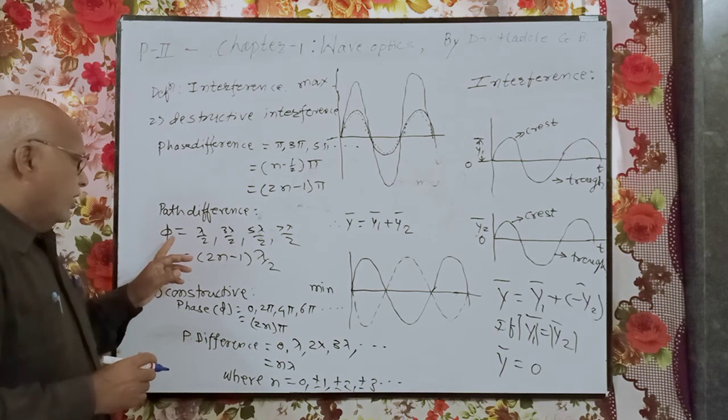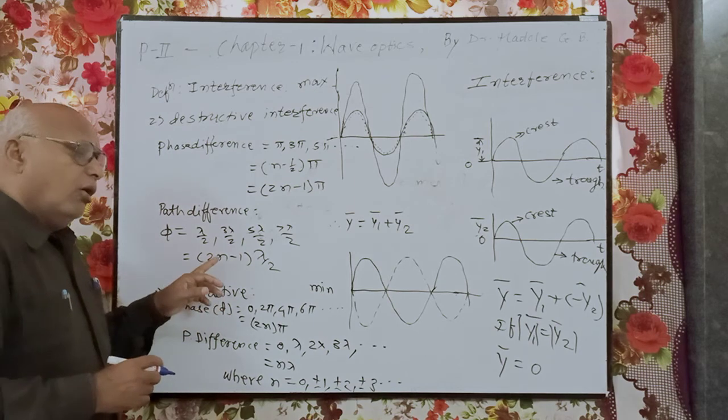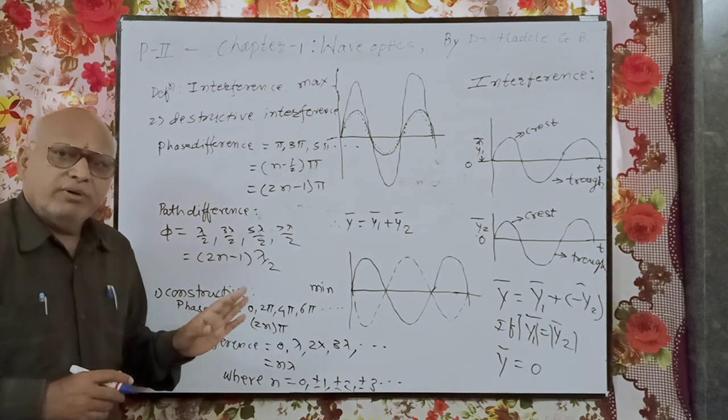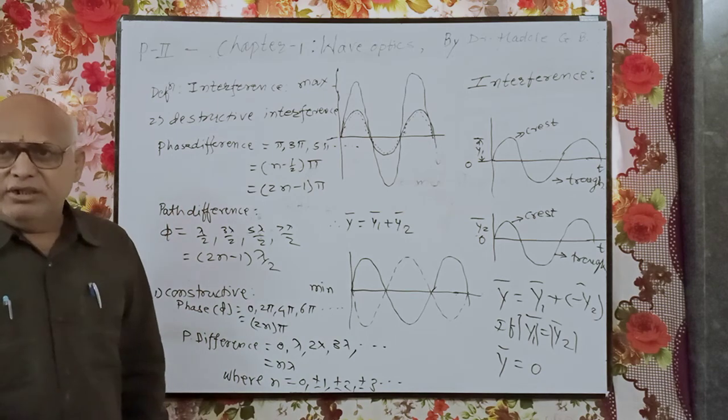So here again we can say that if the path difference is an odd integral multiple of half of the wavelength, then it is called a destructive interference.